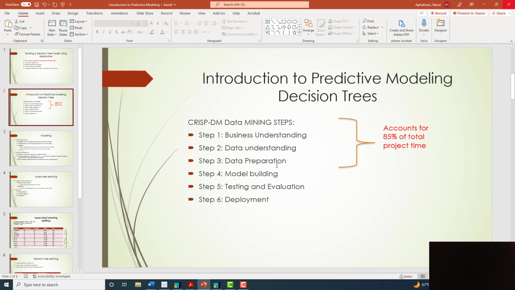These steps, as I mentioned, take a lot of time. Step number 4 and step number 5 are the easiest steps.